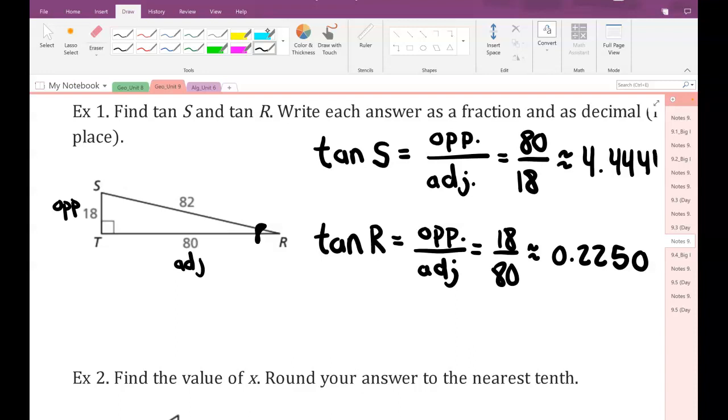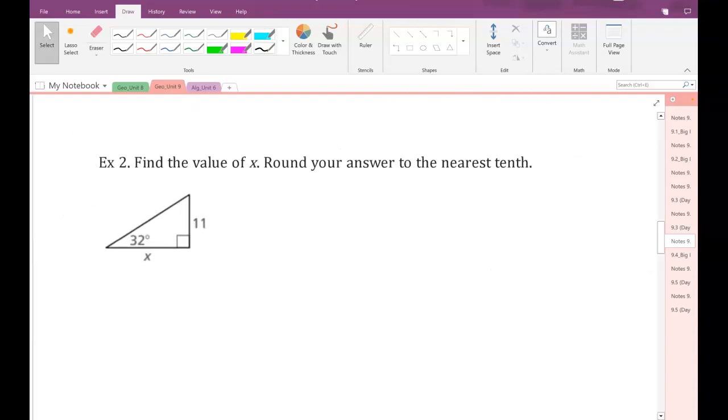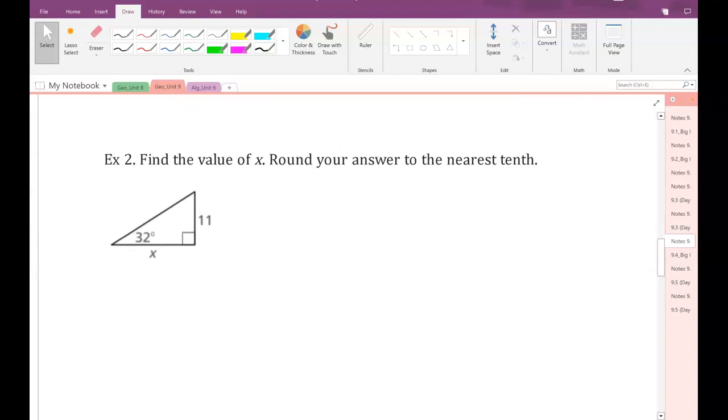Let's get more interesting. Let's find values of x now using our tangent ratio. So instead of saying the tangent of S or the tangent of R, I'm now going to use this degree measure that I have. All right. So let's say the tangent of a 32-degree angle.